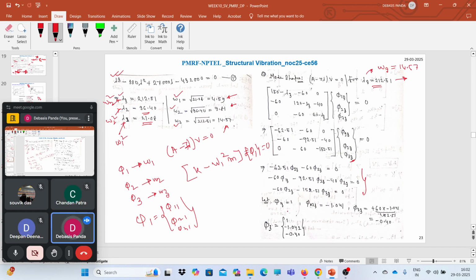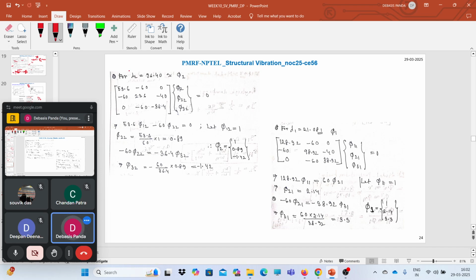Now we need to consider phi 1 3 is equal to 1, and solve for the remaining two equations. The third mode shape comes as 1, minus 1.042 and minus 0.40. Similarly, you need to calculate for lambda 2.